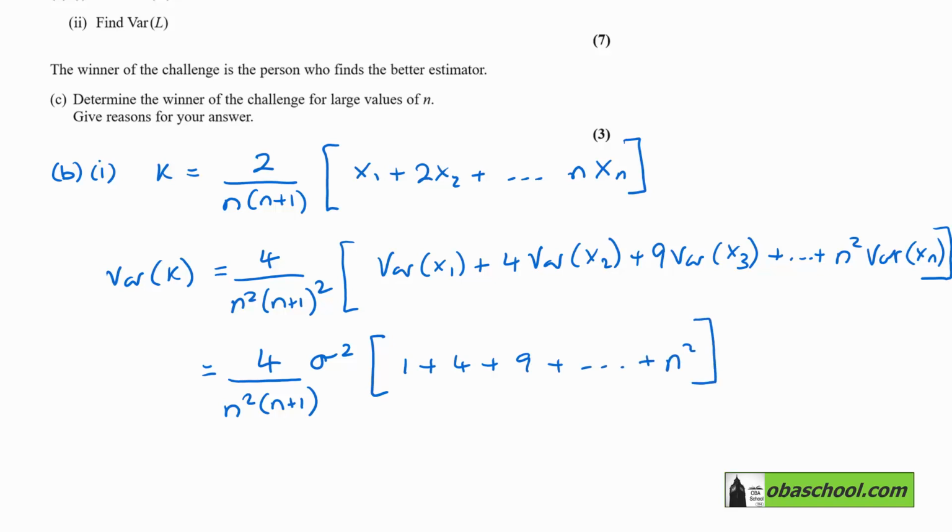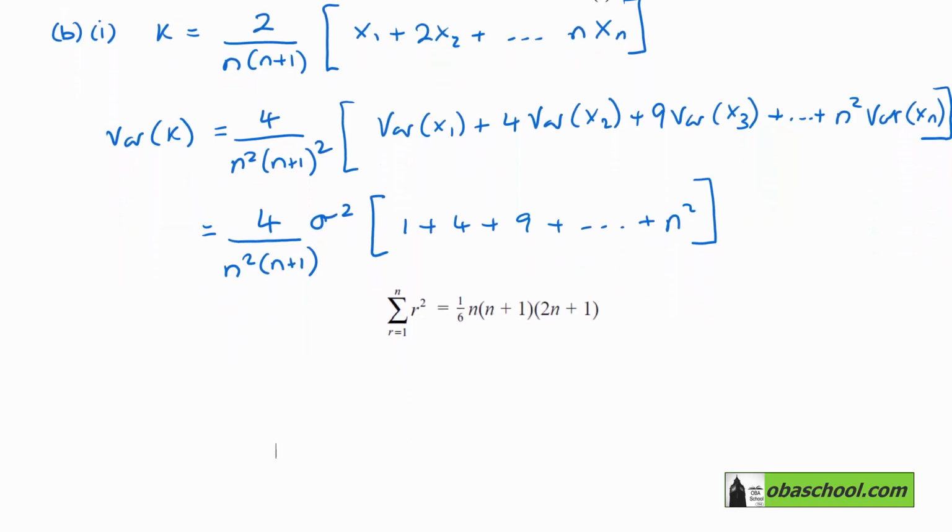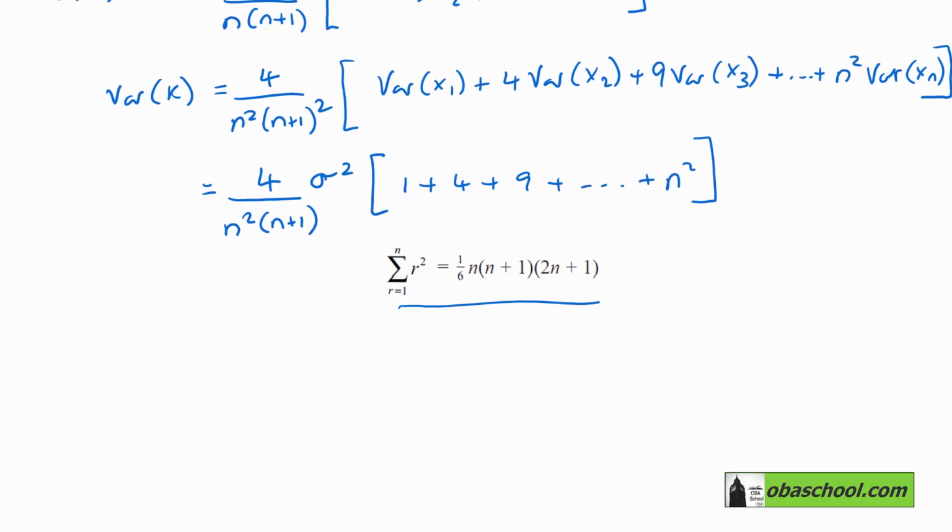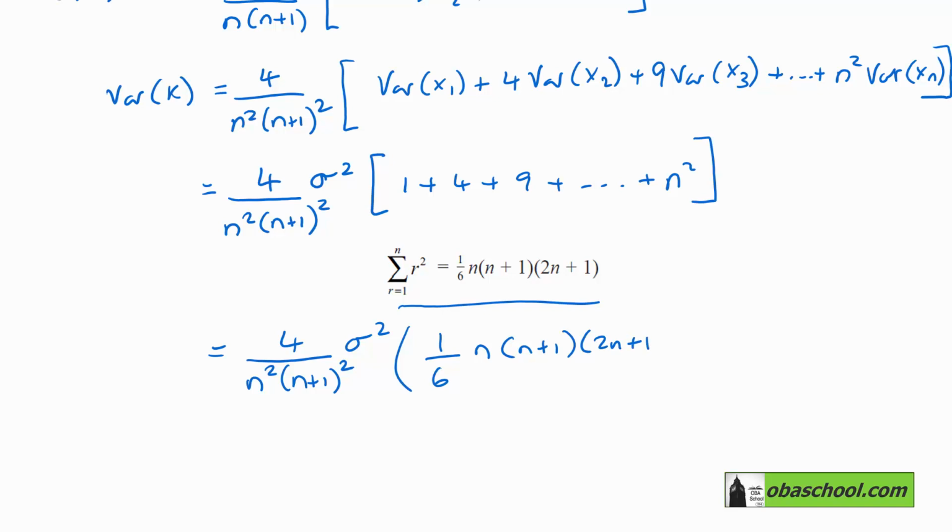It's the sum of the first n square numbers, which from the formula booklet is just this. So we've got 4 over n squared, n plus 1 squared. I dropped the squared there on the last line. Got to be careful with these things. Sigma squared. And then in here we're going to have 1 over 6 n, n plus 1, 2n plus 1.